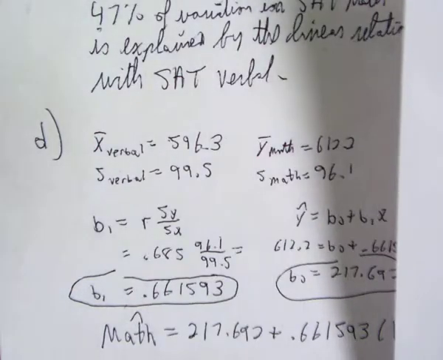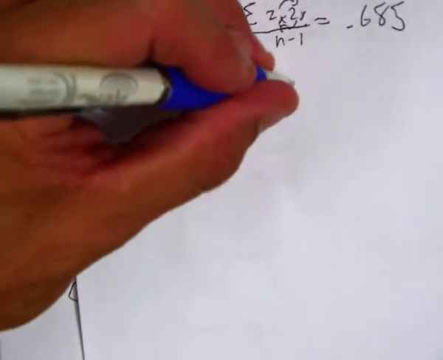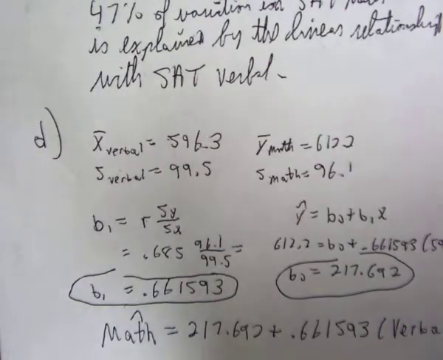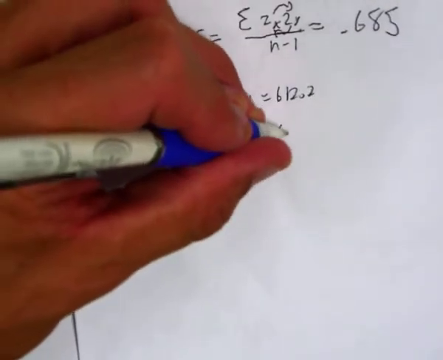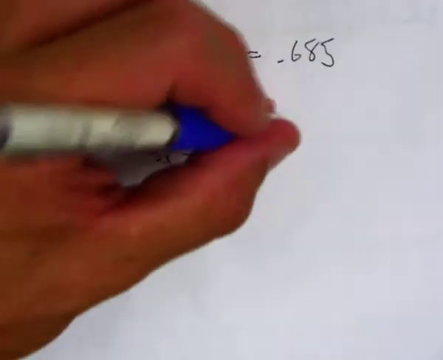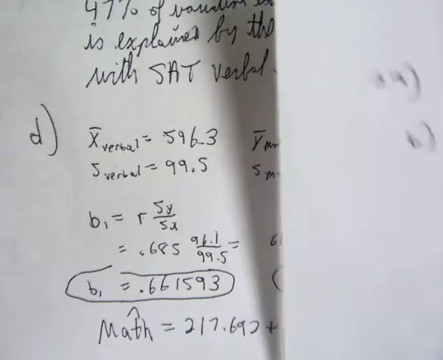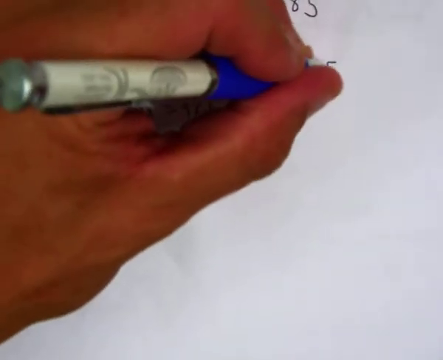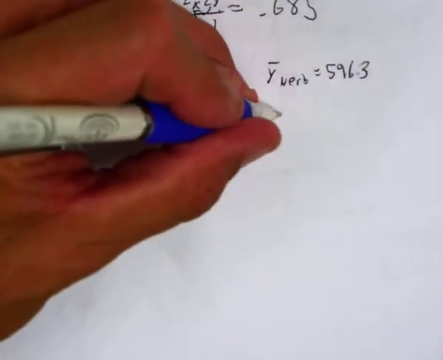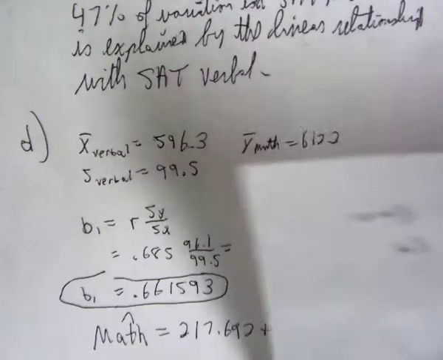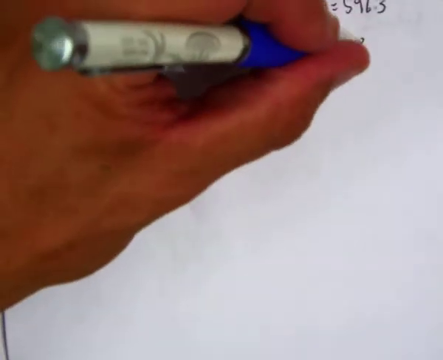So math becomes the x, it's 612.2. Standard deviation is 96.1. Okay, and y bar for verbal is 596.3. And the standard deviation of verbal is 99.5.